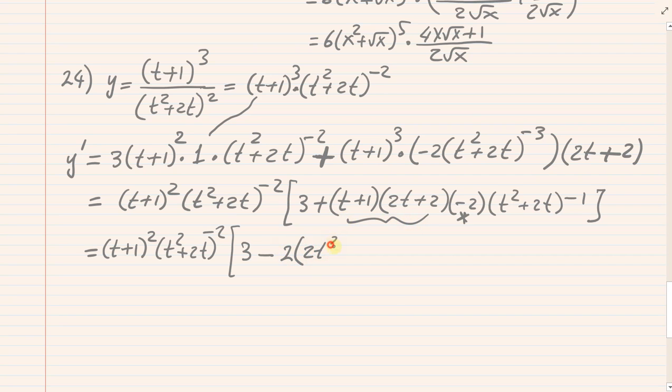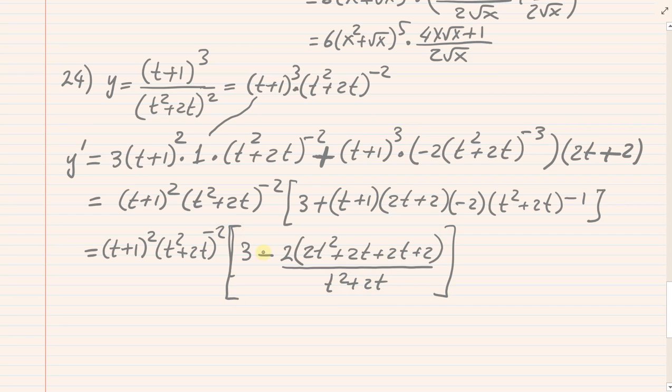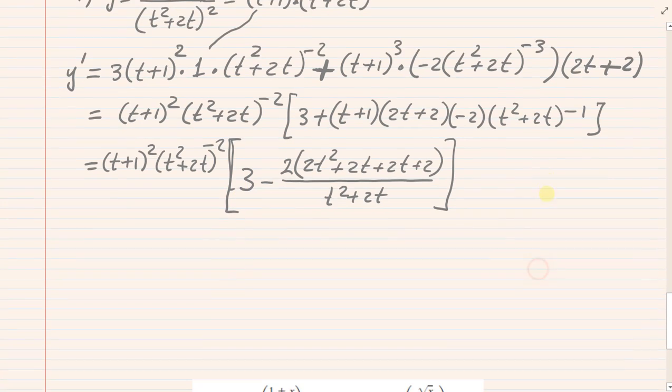Do we get 2t squared plus 2t plus 2t plus 2 when you FOIL it, right? And then we're going to divide it by t squared plus 2t. That's the denominator. So I just rewrote the denominator. That's the next step, to just look at the bracket.